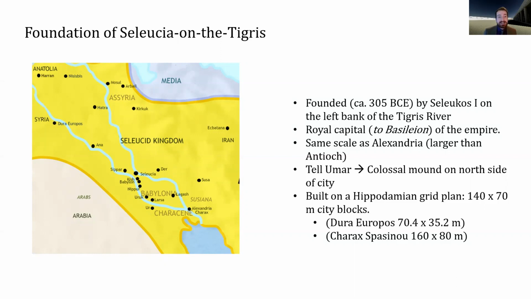And of course, as a good Greek city, it was built on a Hippodamian grid plan with blocks of 140 by 70 meters. That's compared to Dura Europos, which was 70.4, and Carex Phocenu, which was 160, which is the largest known Hippodamian grid plan in Western Asia.